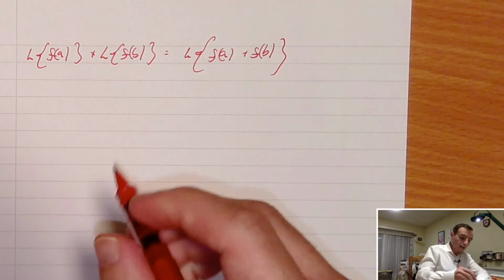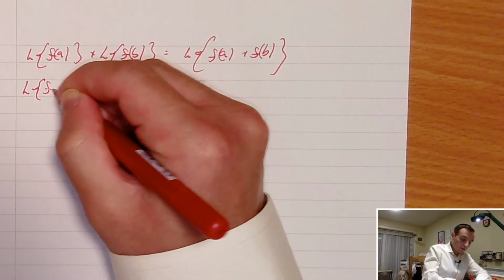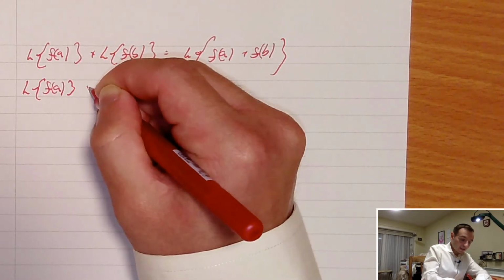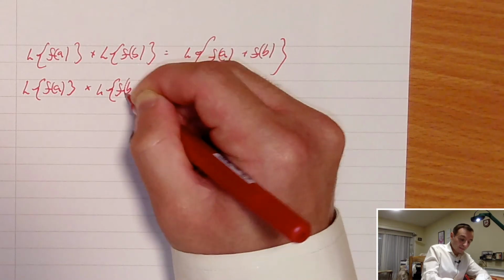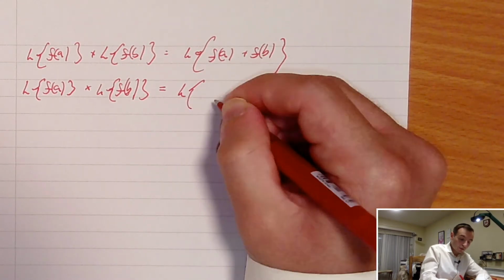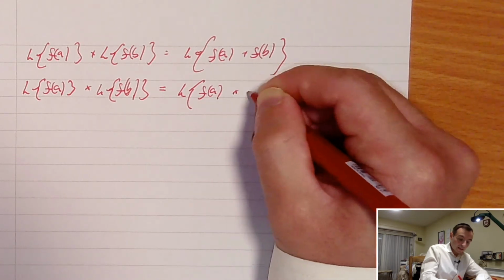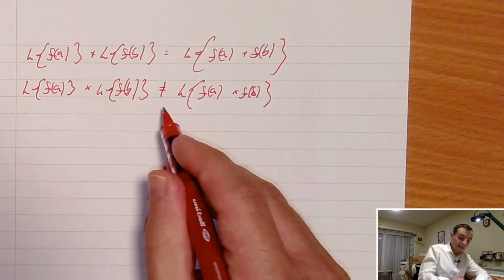What we can't say is that the Laplace transform of f of a times the Laplace transform of f of b equals the Laplace transform of f of a times f of b. We cannot say that.